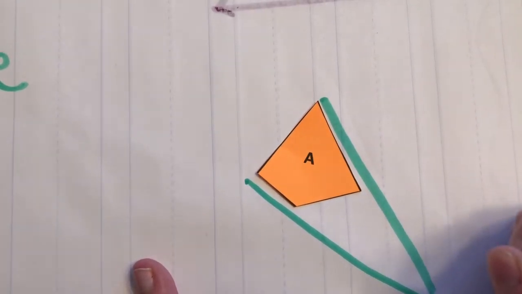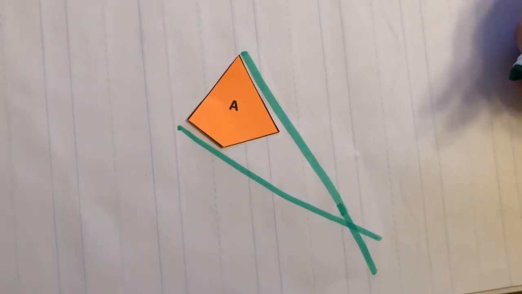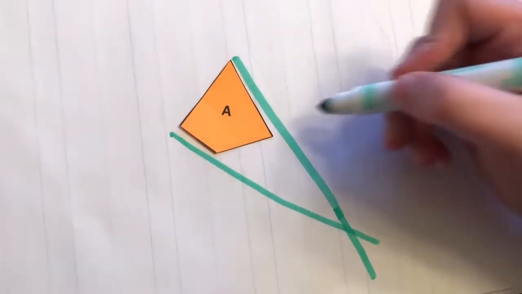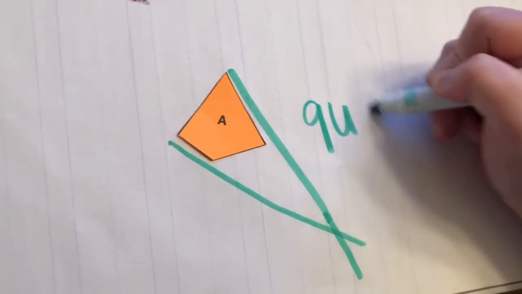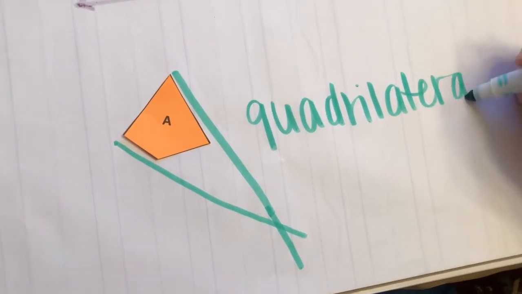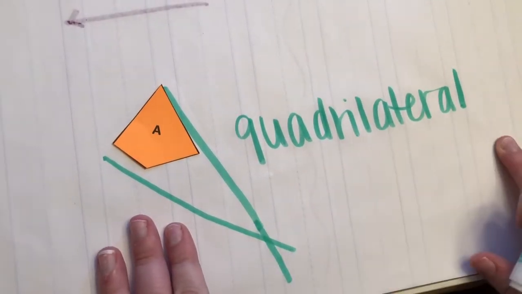Oh, they're gonna cross, so no, they do not have any parallel lines in this quadrilateral. So class, this is just a quadrilateral because there are no parallel lines. So when there's no parallel lines, your shape is just a quadrilateral.